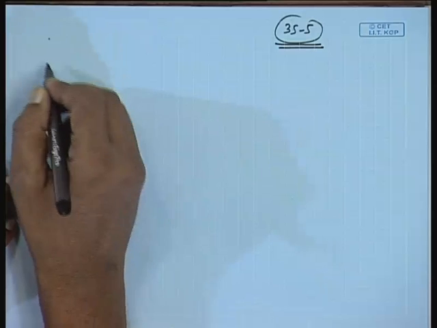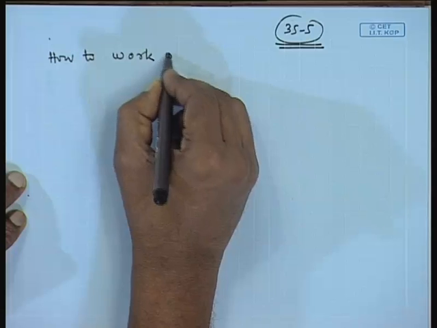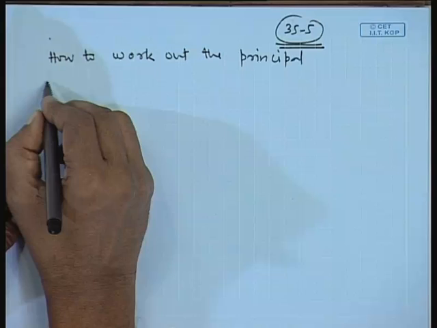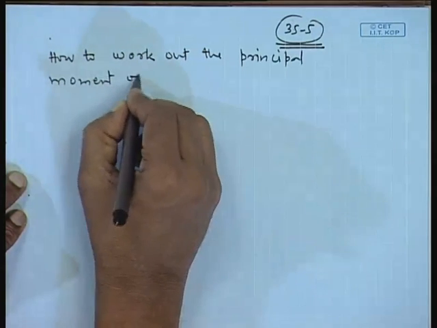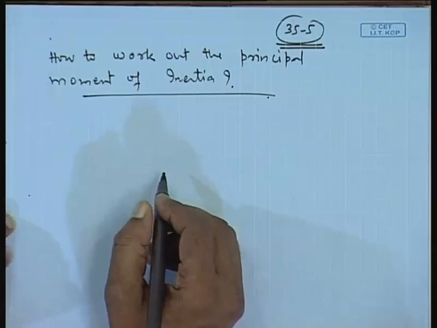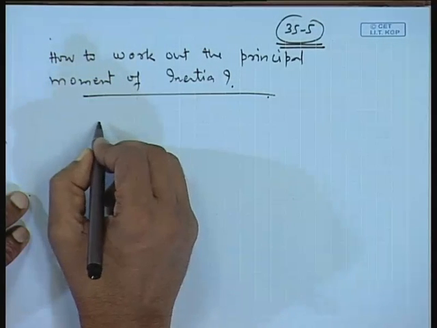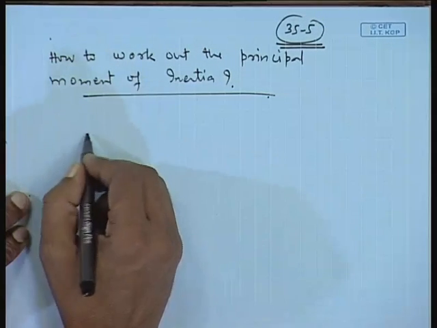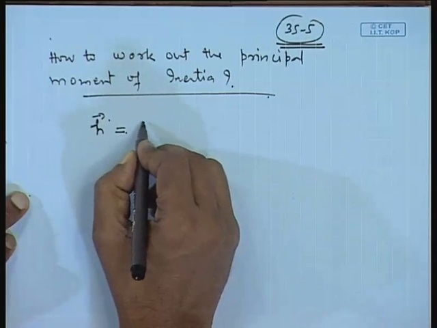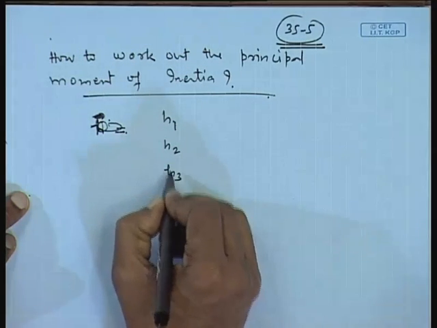Now, how to work out the principal moment of inertia? So, the angular momentum vector, if you remember, we have written in matrix notation as H 1, H 2, H 3.